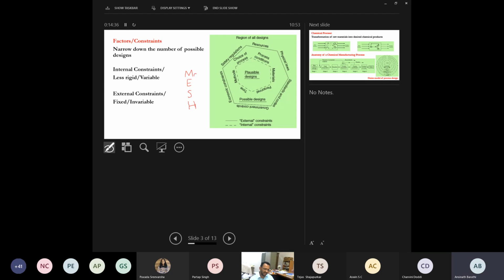This is the material balance, this is equilibrium, this is summation. Summation means sigma x equal to sigma y equal to 1. This is enthalpy, this is energy balance. So that is called MESH equation. So this is material balance, or you can say mass balance. This is energy balance, or you can say enthalpy balance.